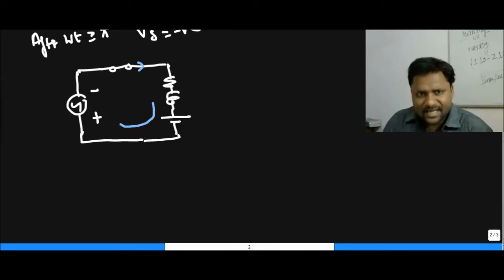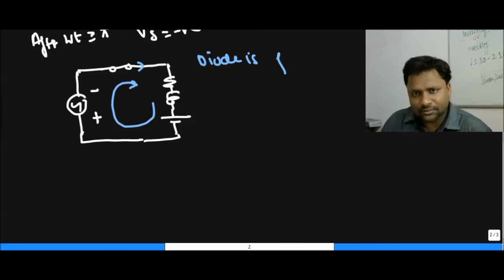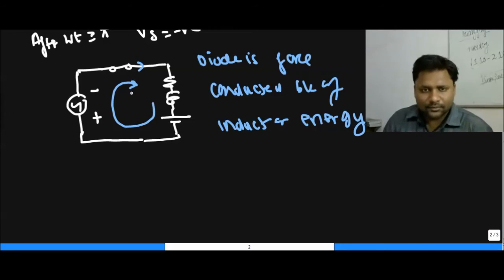So there is a freewheeling diode, which means there is a forced conduction. Diode is force conducted because of inductor energy. The output voltage here is negative because the source voltage is negative.